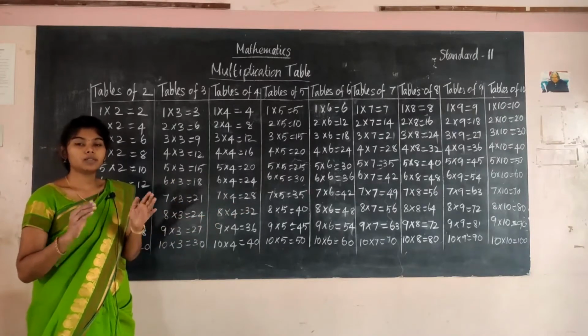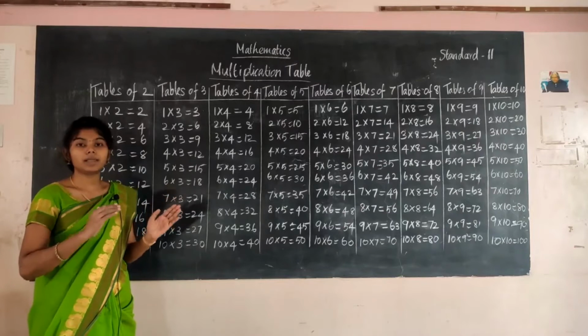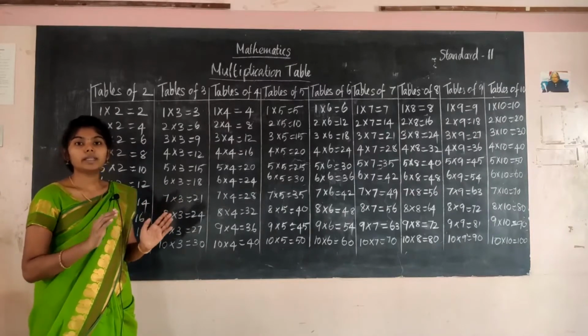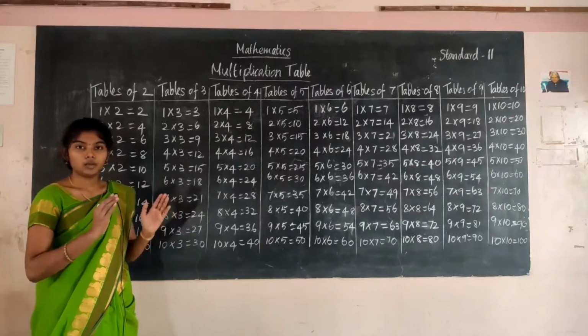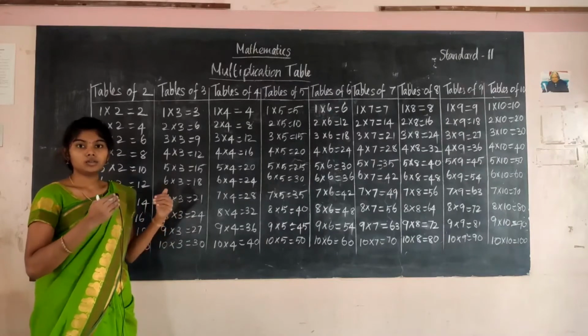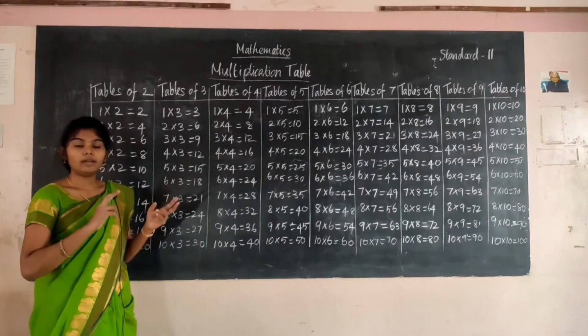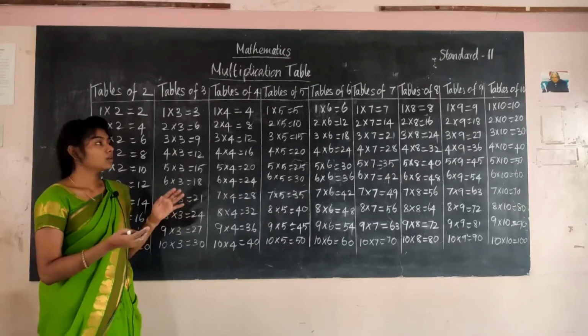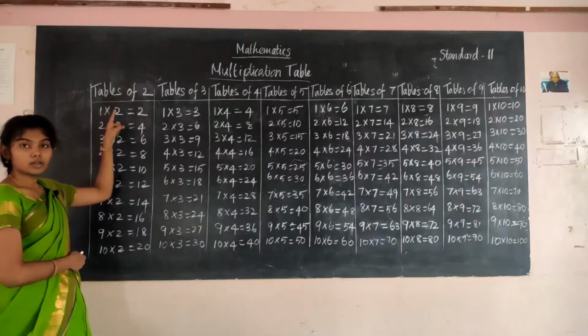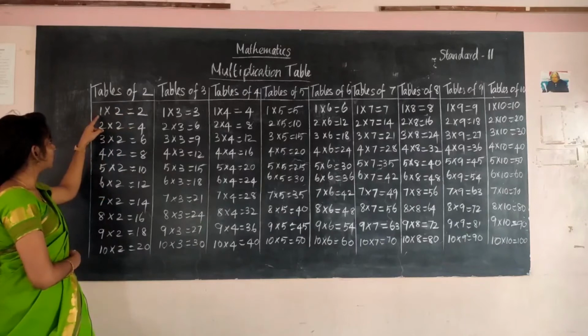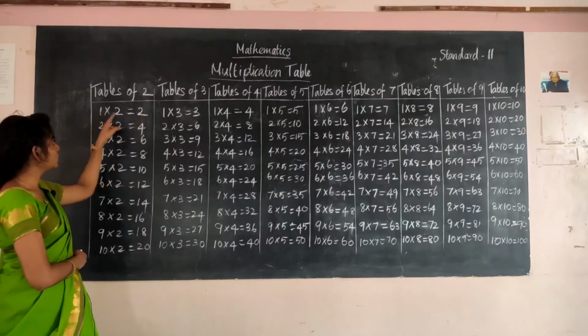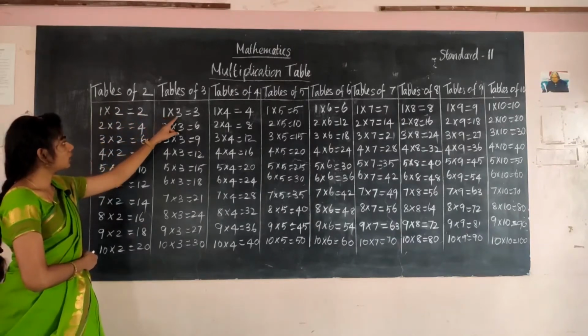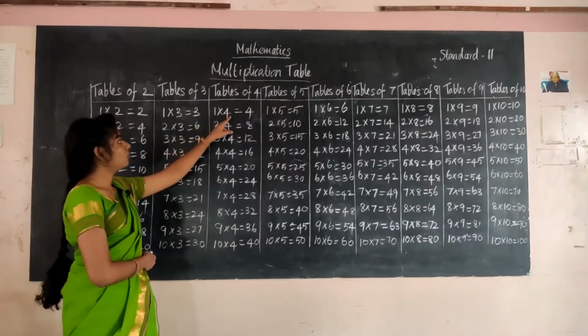As you know, for the table of 1, while we are multiplying any number by 1, you will get the same number. 1 2 is 2 means 2 only, and 2 1 is 2 only. While we are interchanging the numbers, you will also get the same answer. So here we start with the tables. See the ones: 1 2's are 2, 1 3's are 3, 1 4's are 4.